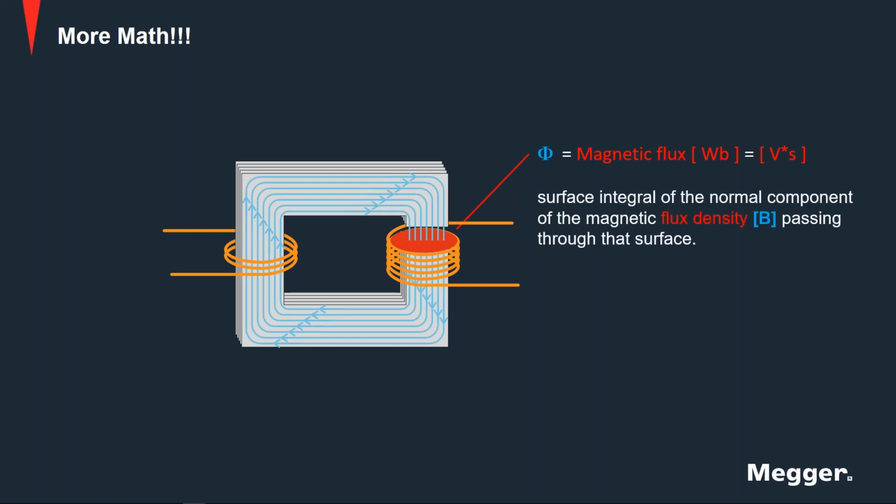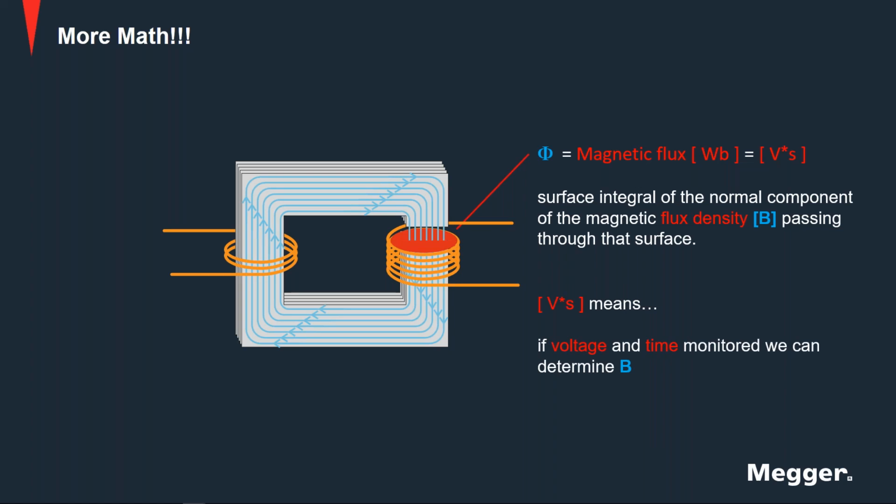You look at the surface integral of the normal component of the magnetic flux density passing through that surface. But if we think about it in terms of volt-seconds, that means if voltage and time are monitored, we can determine the flux density of that transformer.